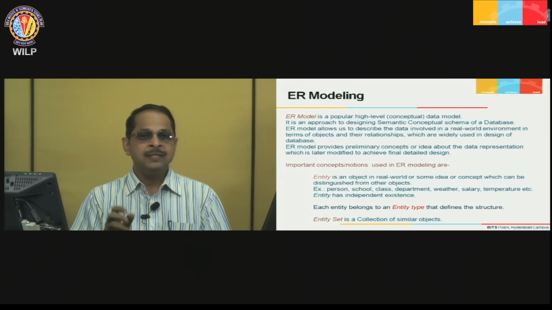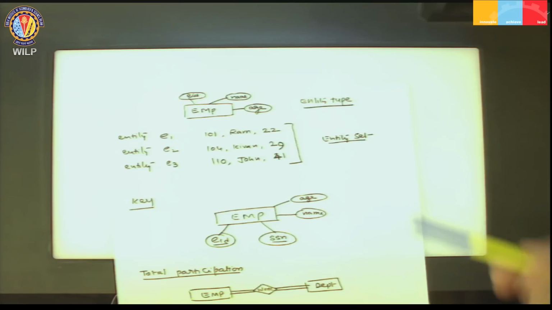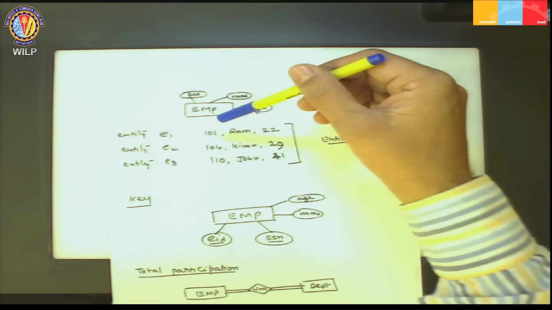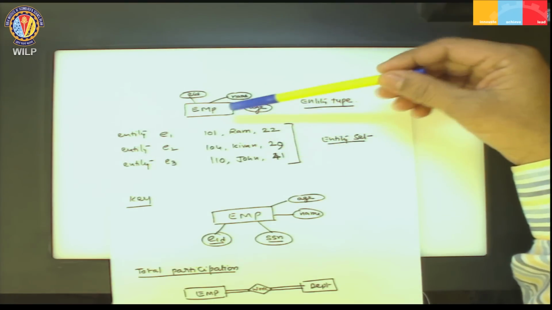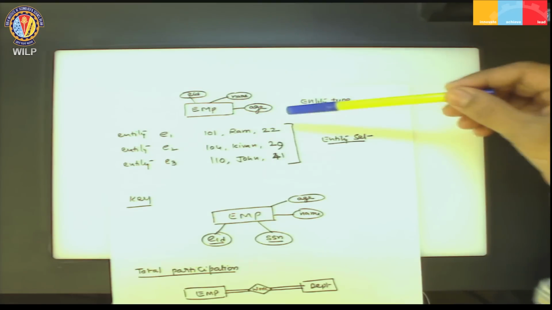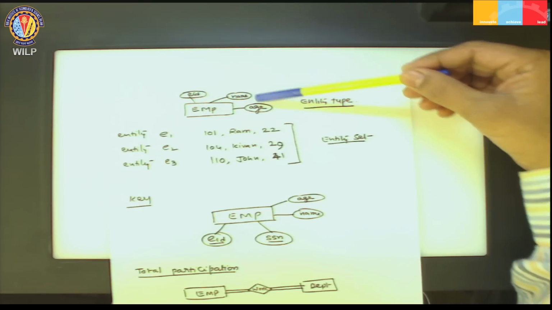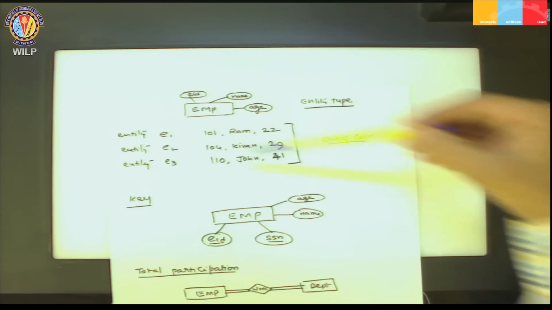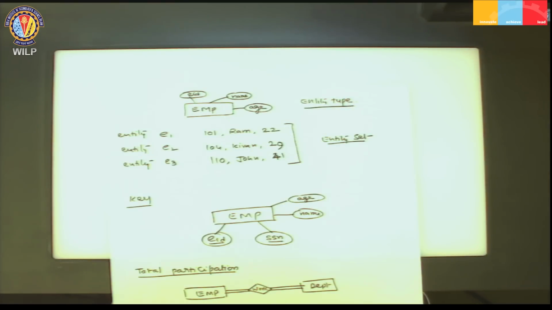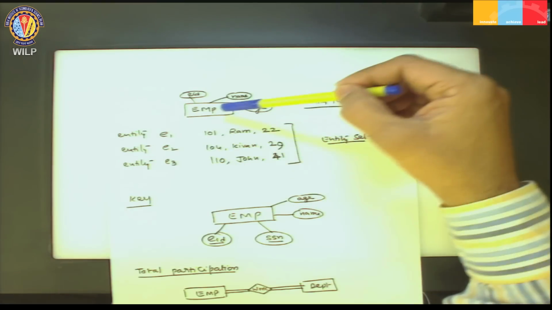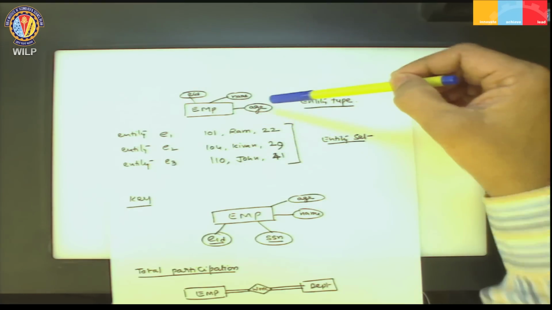Every entity belongs to some entity type, and the collection of similar kind of entities is called an entity set. For example, if we look at this employee schema or employee entity type, employee is an entity type which has three attributes: employee ID, name and age. Now these E1, E2, E3 are specific instances of type employee, and the structure of these entities is defined at this entity type.